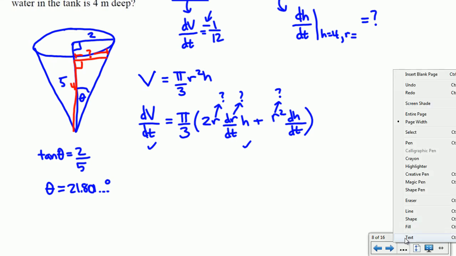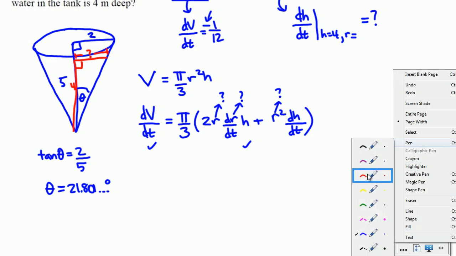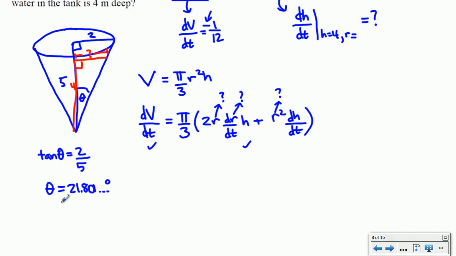And then the next thing we need is what's the radius when the depth is 4. So we can go now, tan 21.801 and so on, keeping that in my calculator, equals opposite, so that's the radius, divided by the height, which is the adjacent, so 4. So r is 4 times whatever this is.